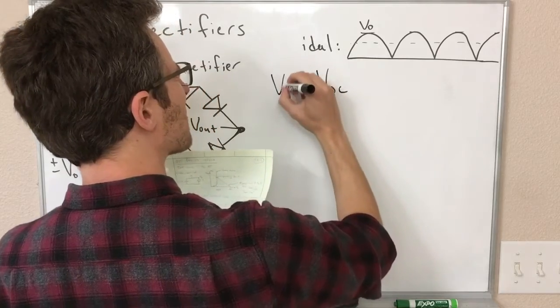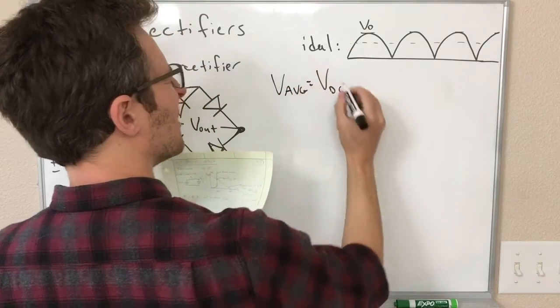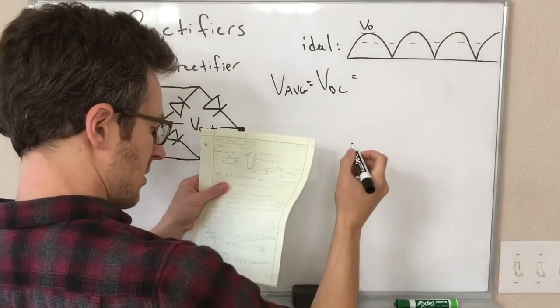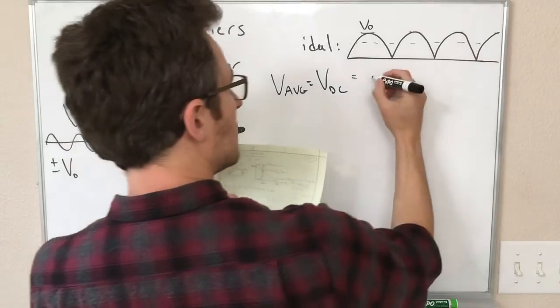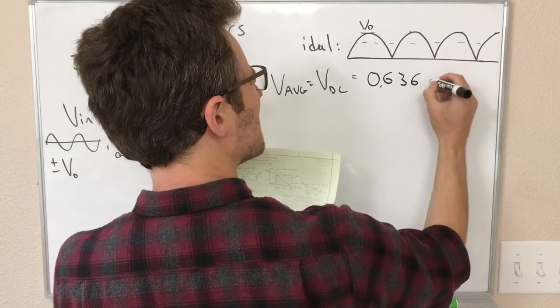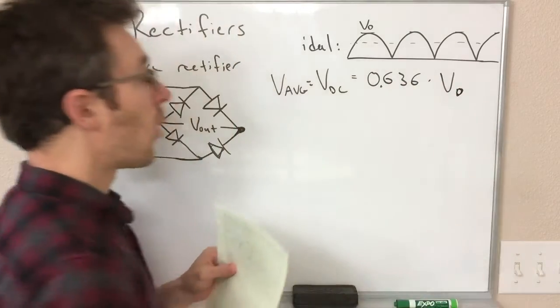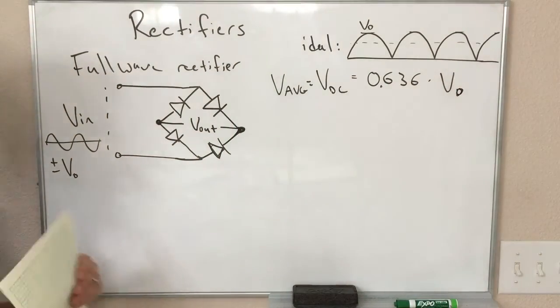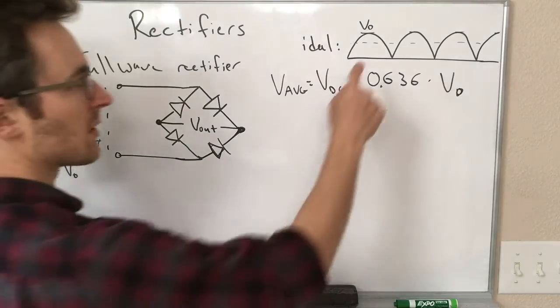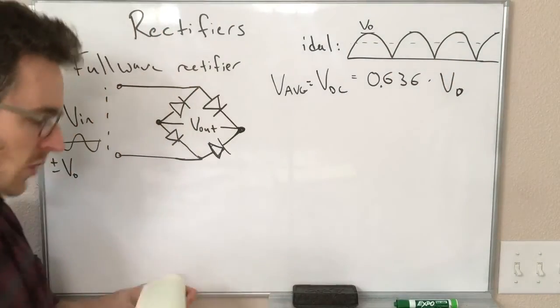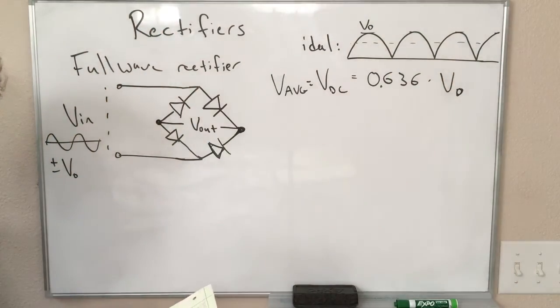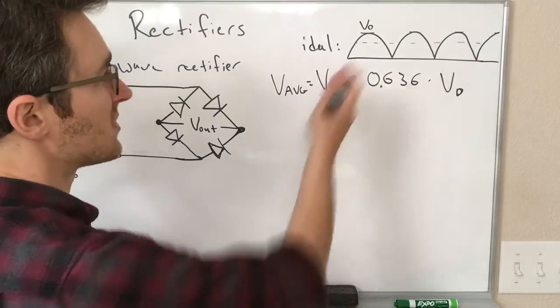So the average voltage, which is also the DC voltage, the DC component, is equal to 0.636 times V0. So the average is twice as high as the half-wave rectifier, which shouldn't be surprising because we have twice as many of those. We don't have these big gaps. So this is the ideal case.